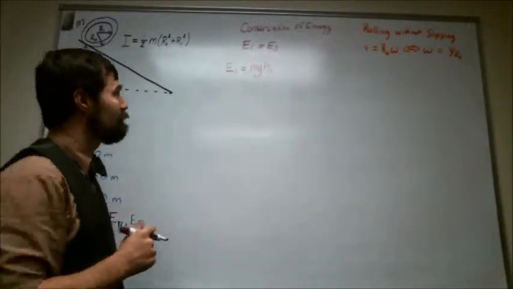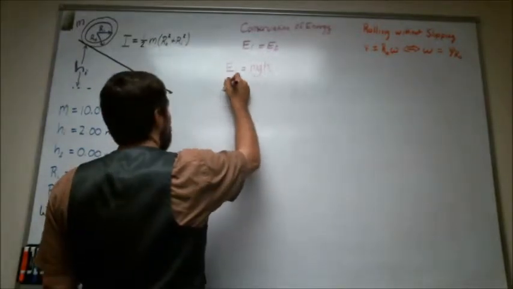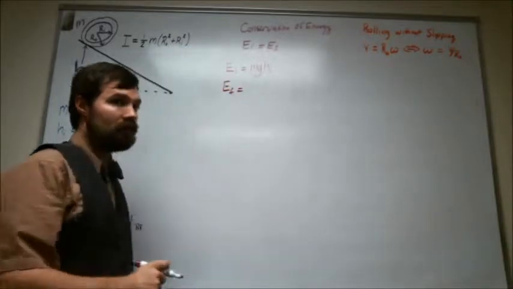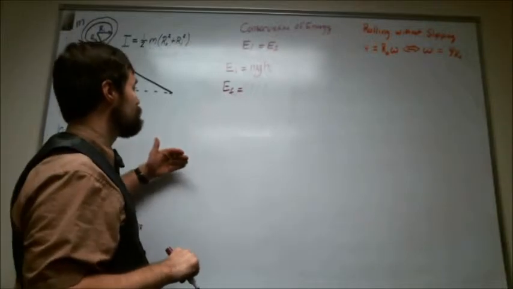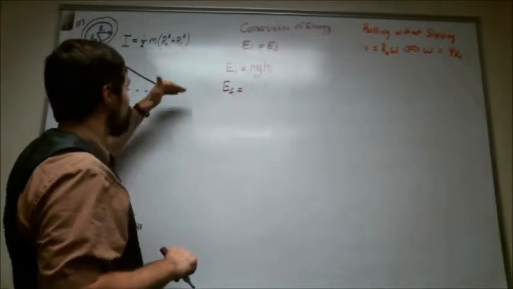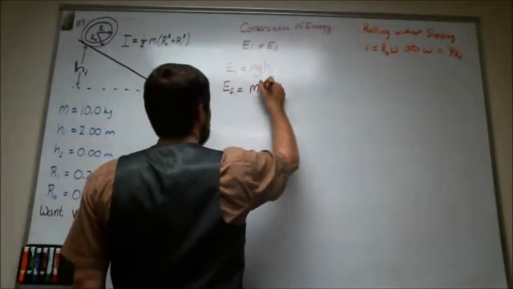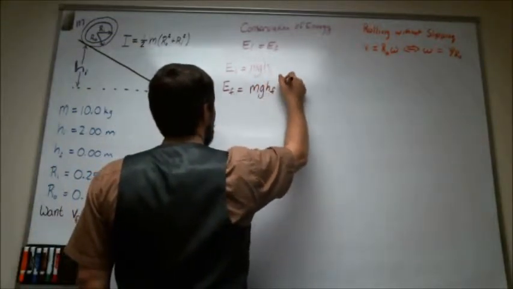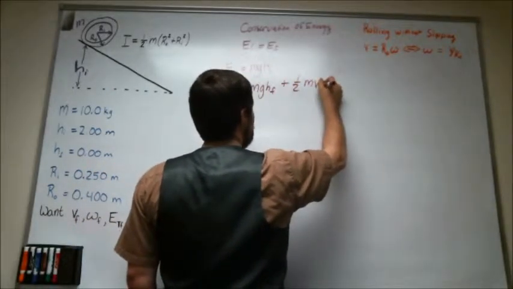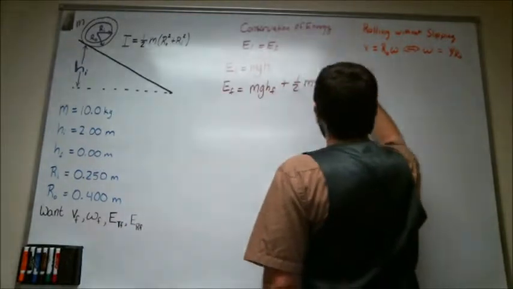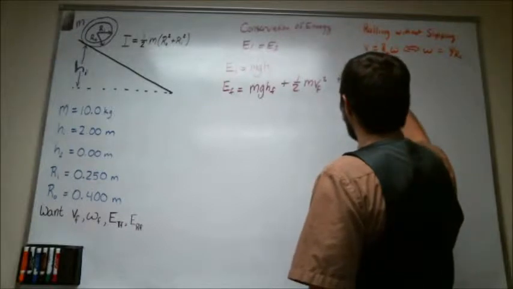And the final energy is the energy it has when it reaches the bottom of the hill. This is going to be whatever potential energy it has at the base of the hill, mgh final, plus kinetic energy from translation, plus kinetic energy from rotation.